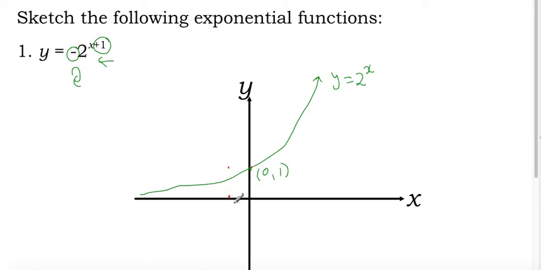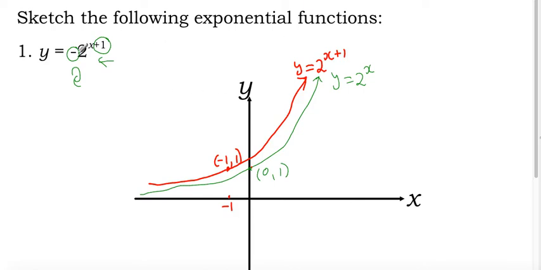And instead of being at 0, 1, that point would be at -1 because my x value is changing. My y value is not. That's staying the same, and that's all that would change. So it would have the same shape, but everything's going to go across 1. And it still means that it will have the x-axis as an asymptote. So that would be 2 to the power of x plus 1.